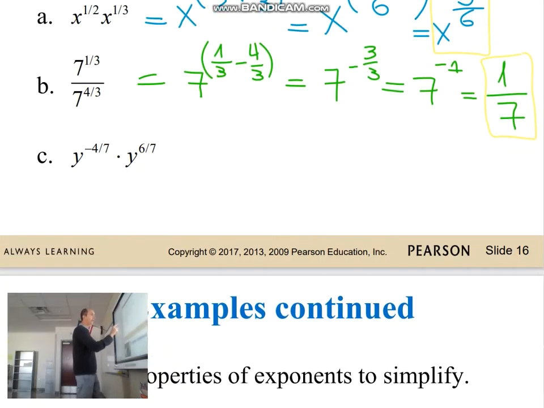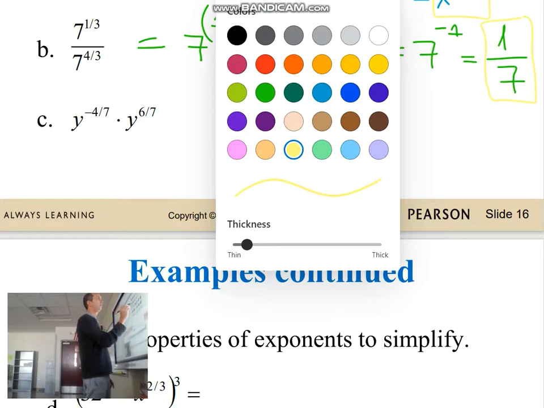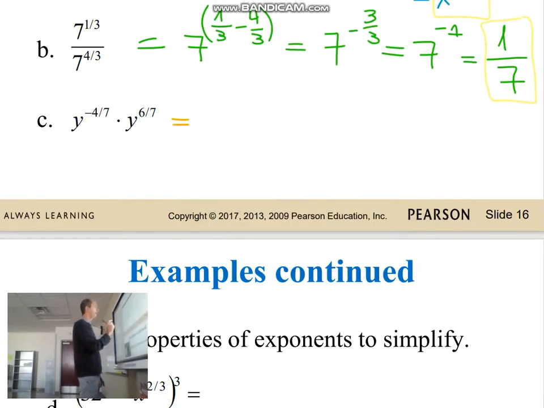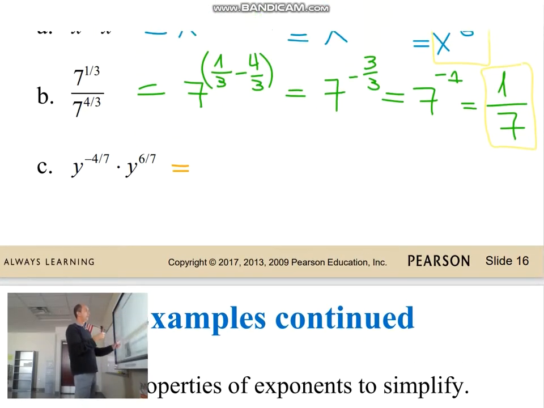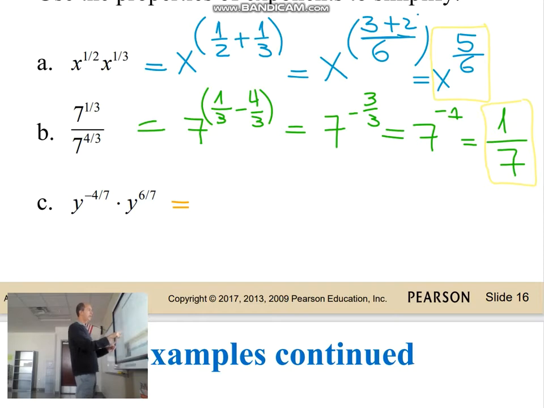And finally, let us see, what about this? We have the same base, y, and a multiplication with exponents. We have to do kind of the same thing we did with letter A. We will add the exponents.